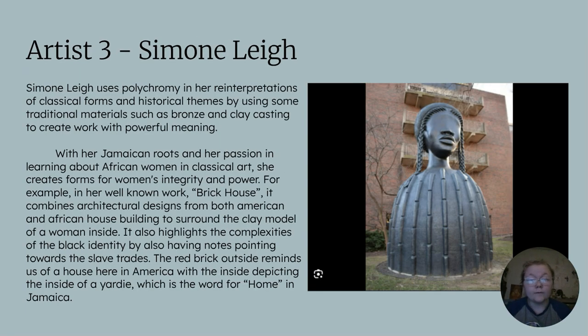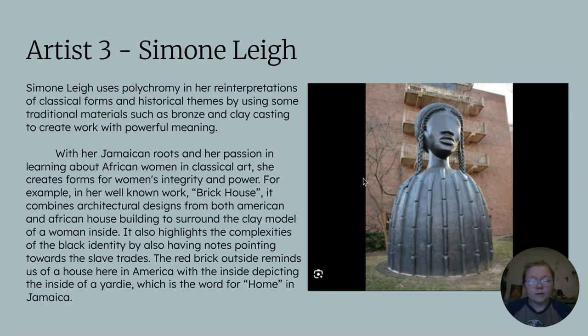Simone Leigh is the more contemporary artist who uses polychromy out of the 3 that I was given. She uses polychromy in her reinterpretations of classical forms and historical themes by using some traditional materials, such as bronze and clay casting, to create work with powerful meaning, like the famous Brick House.